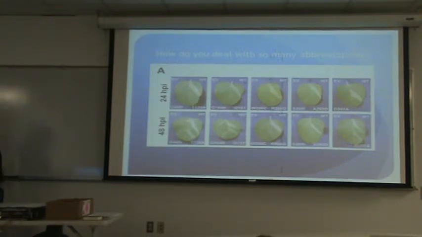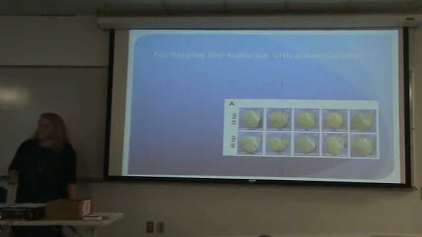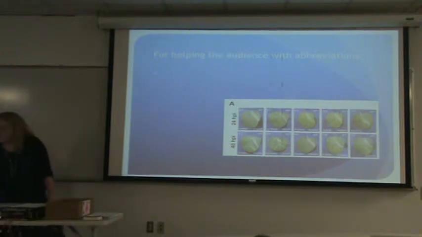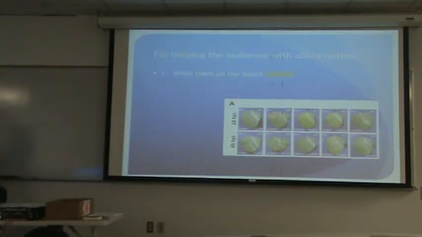So how do you deal with abbreviations? I have 3 suggestions. The first, I have seen people attempt, but have not seen it done well yet, which is to write the most prevalent abbreviations on the board legibly. If you were in here previously, you've seen people try to do this.